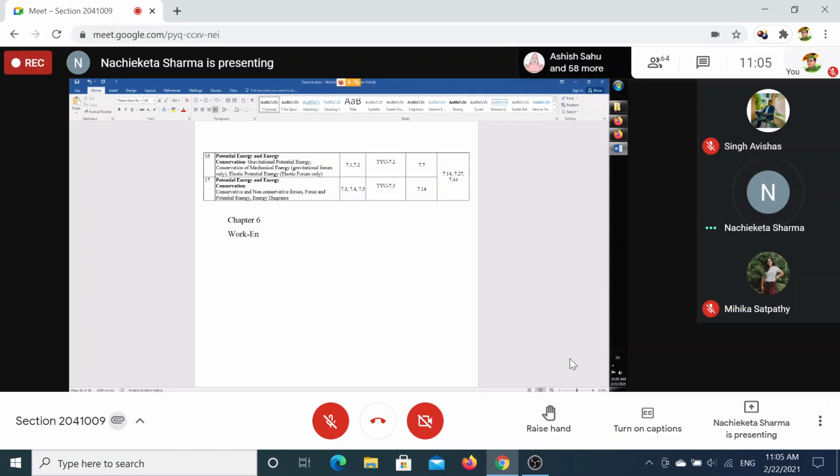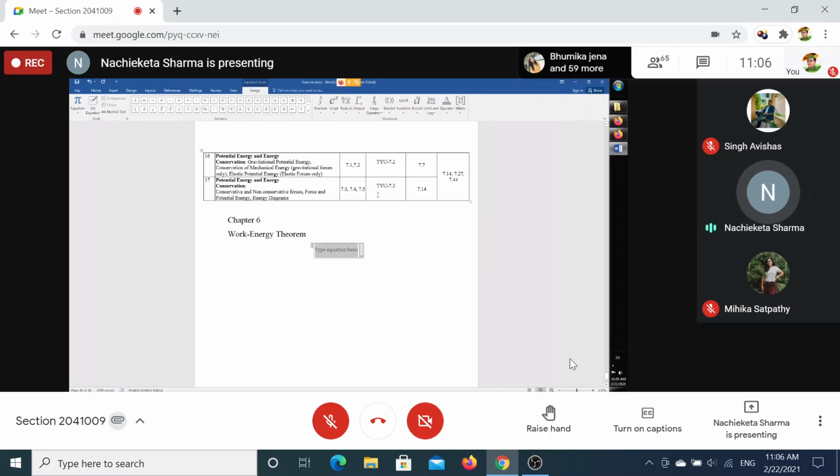This theorem says that the total amount of work done, W total, by all the forces present is equivalent to delta K, the change in kinetic energy. This is the work energy equivalence principle.